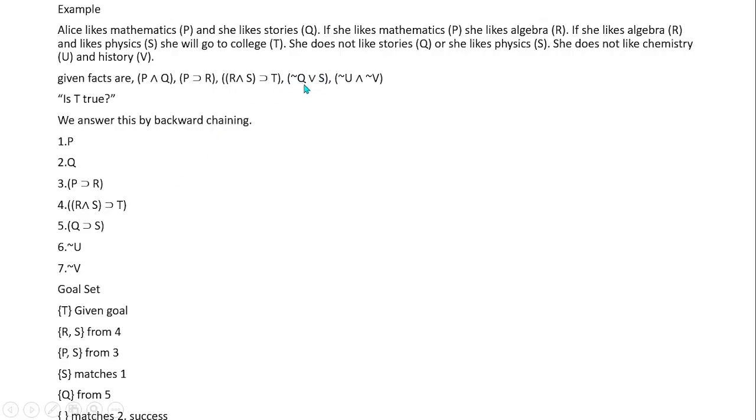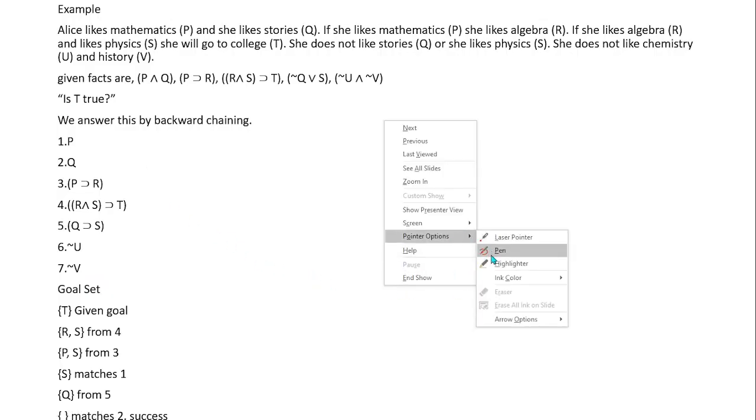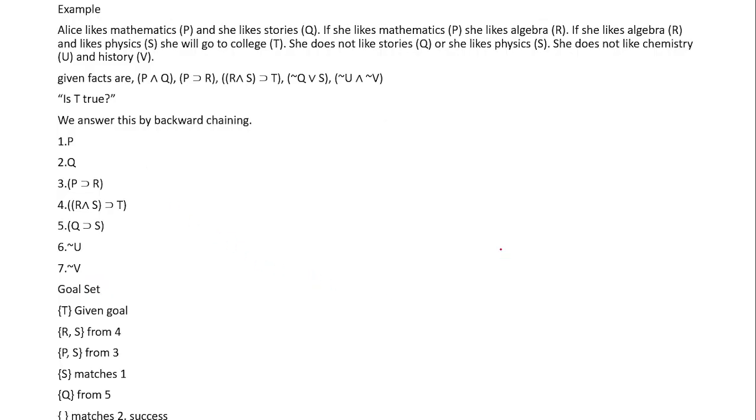Not Q or S, we can write as Q implies S. Next, not U and not V, separately we wrote not U. So what is our goal? Whether T is true or not. This is our goal, we wrote this as a goal set.